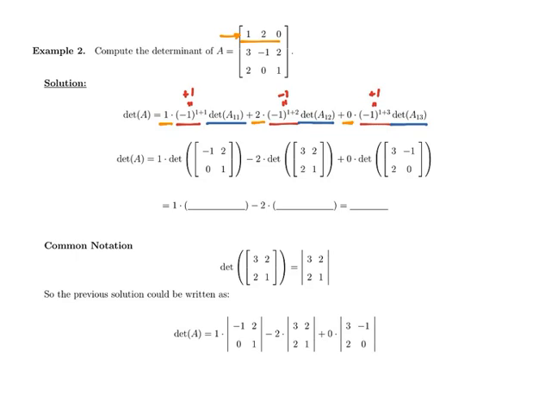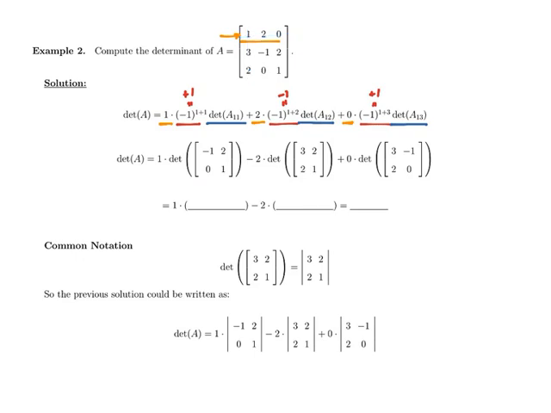The first one being A11, which means that we delete the first row and the first column. So we'll do that here very quickly. If we delete the first column and the first row, we are left with the matrix -1, 2, 0, 1. And we can do that again by doing A12.